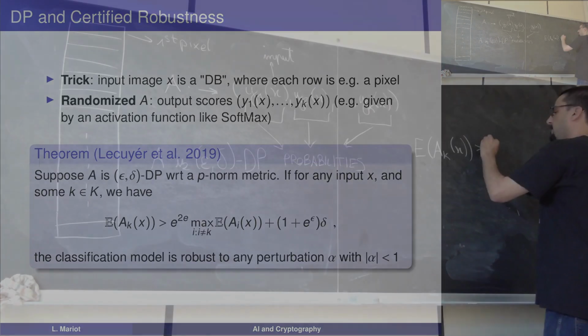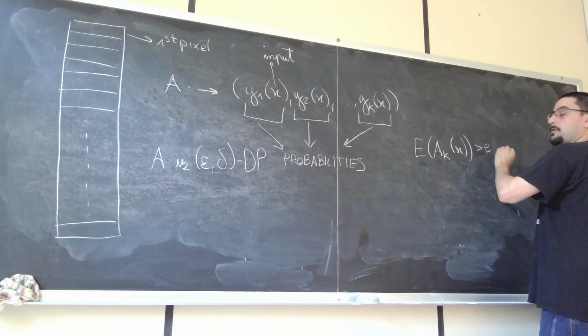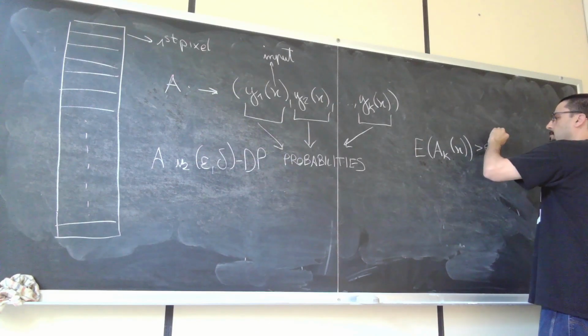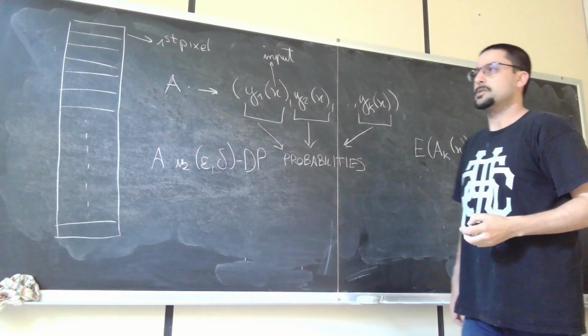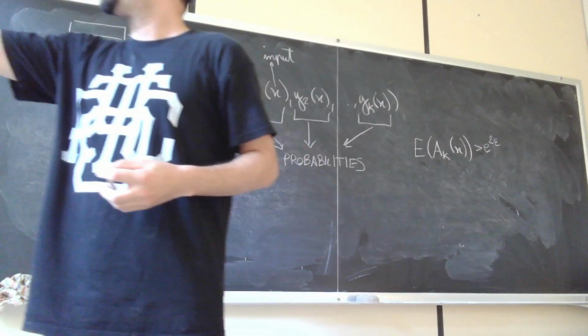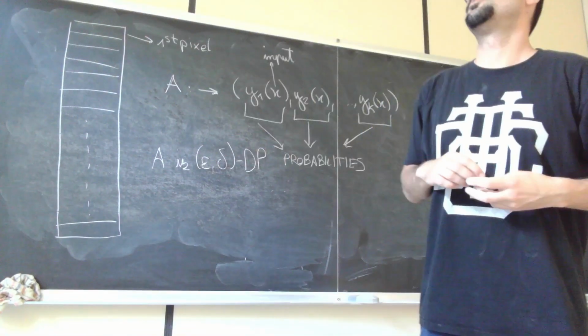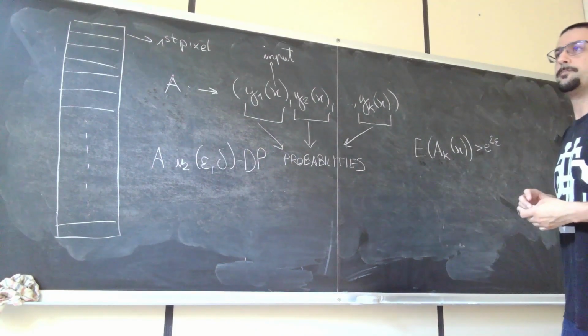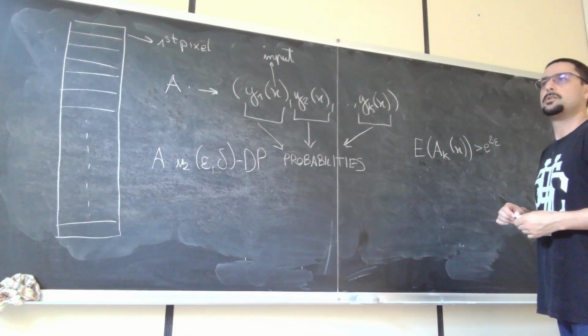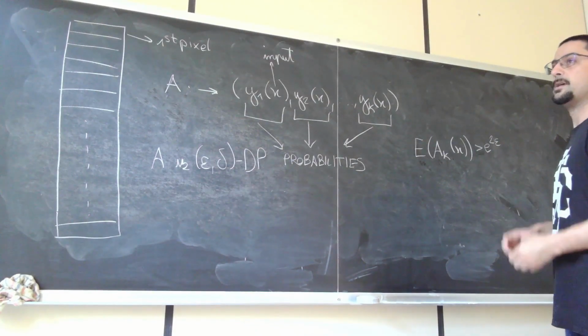Well, here we have e to the power of 2. Actually, I think that should be an epsilon. See, there is a small typo. It should be e to the power of 2 epsilon, the privacy strength guarantee.